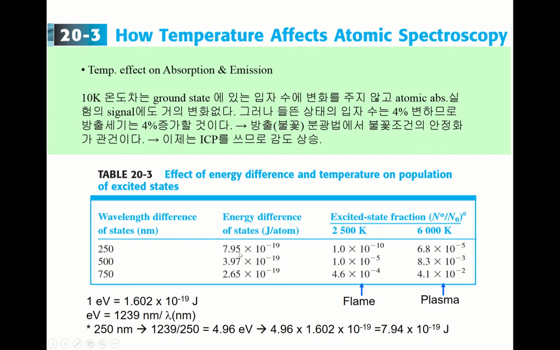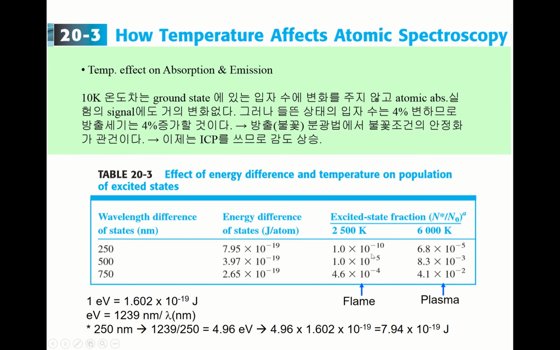Here I don't know why it's 95, but it's almost the same. Likewise, you can calculate the wavelengths in nanometers into energy difference in joule per atom.